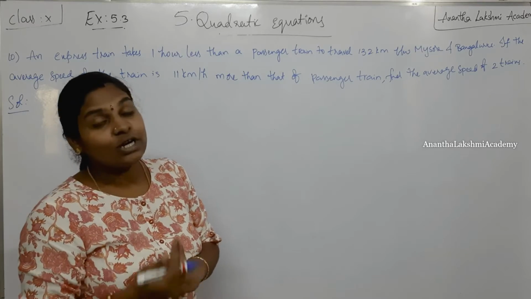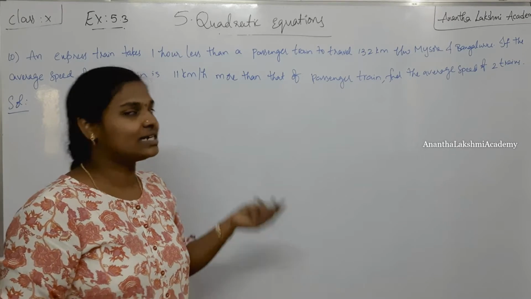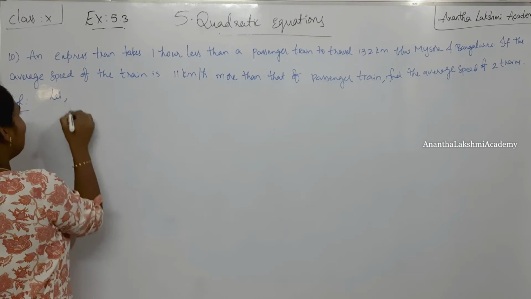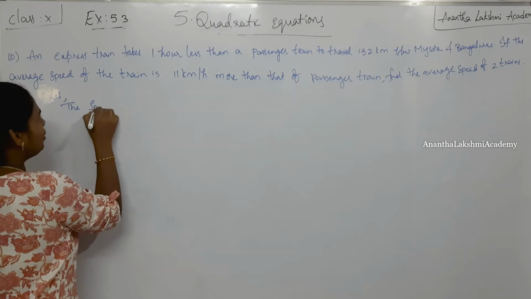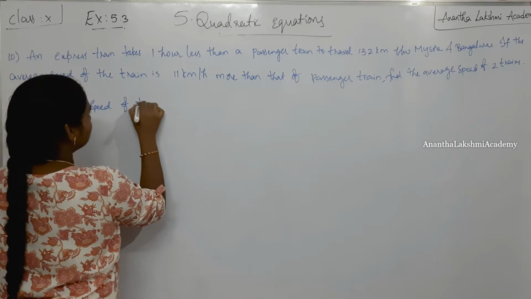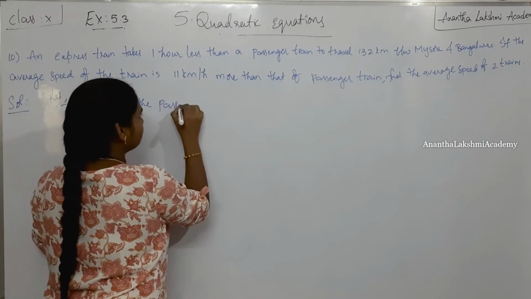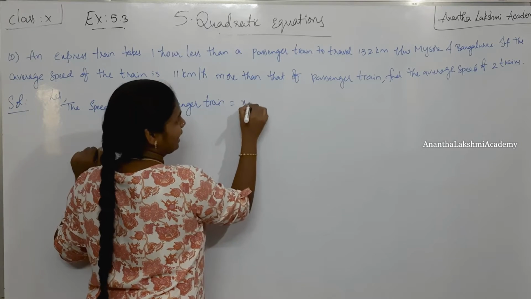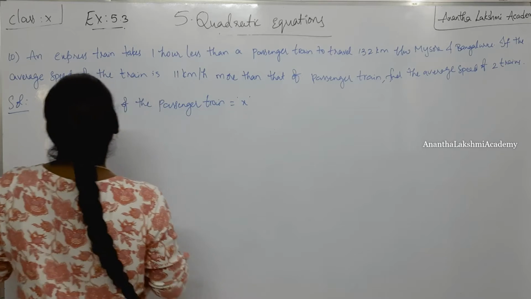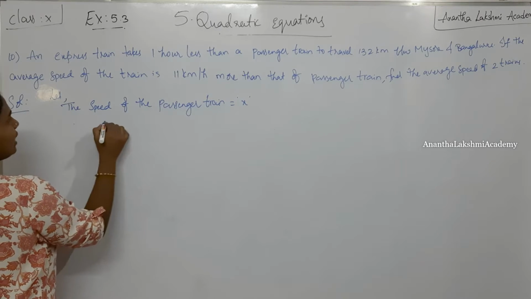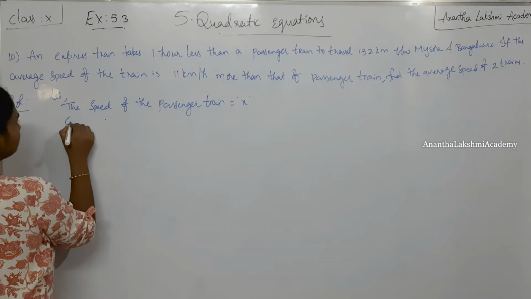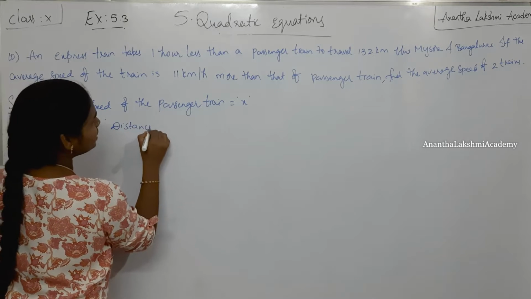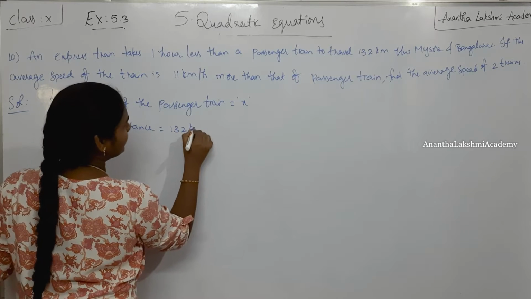So what needs to be considered as the value of x? Nothing but the speed of the passenger train. So let the speed of the passenger train be equal to x. Next, what is given? Distance is equal to how many kilometers between the two stations? 132 kilometers.